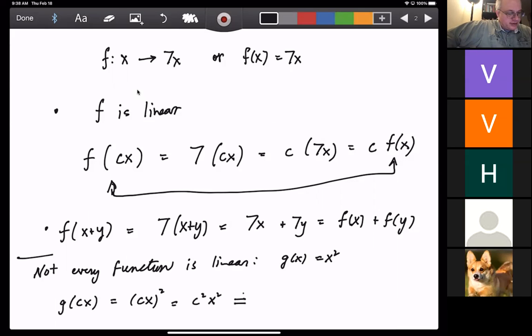And in general, this is not equal to c times x squared, which is c times g of x. Okay, so c is not equal to c squared in general. So this is not a linear function. And you could check the other property is not satisfied either.